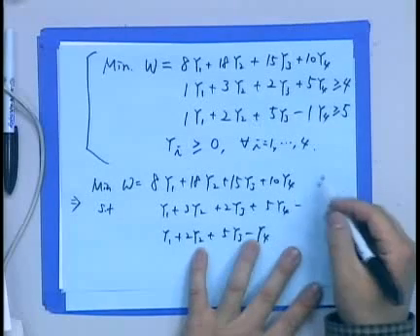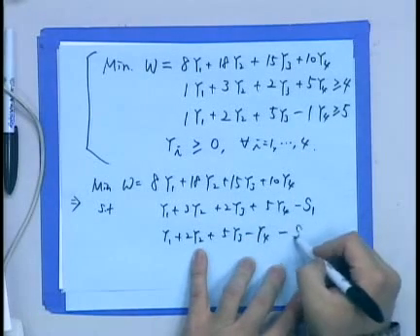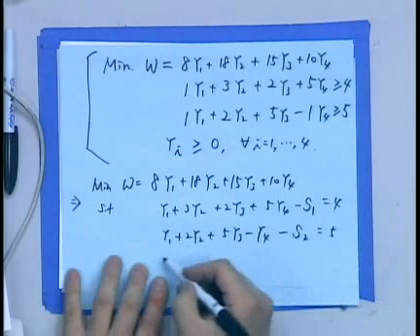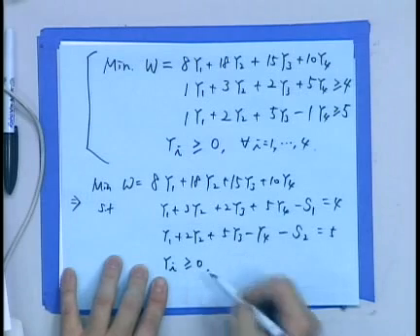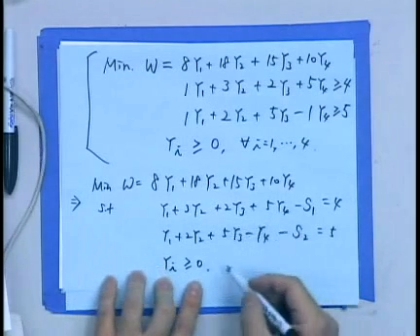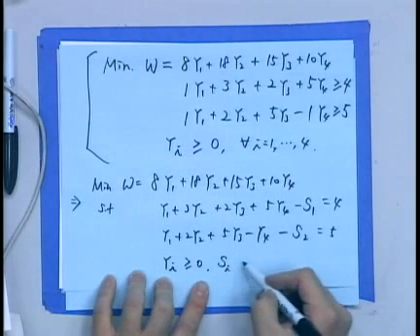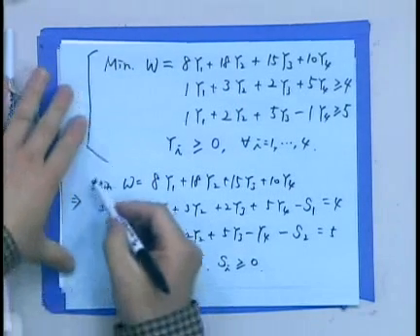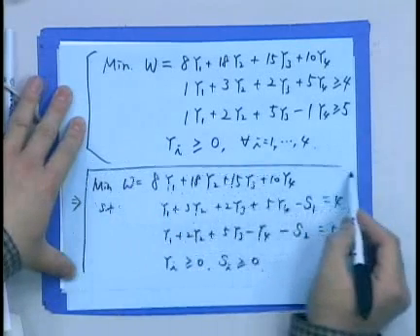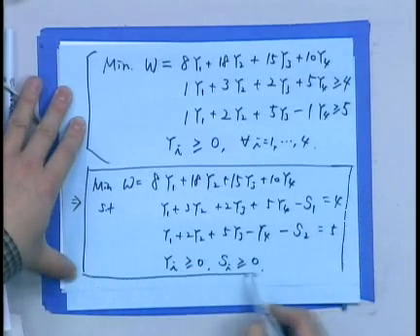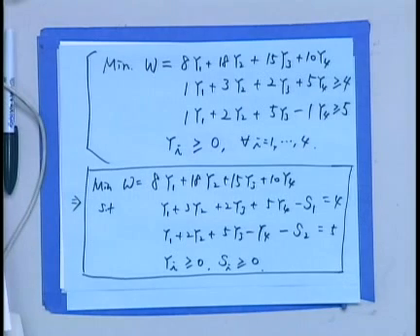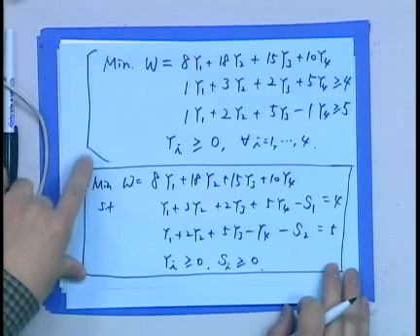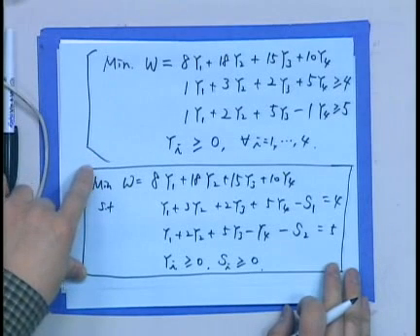And negative s1, negative s2 equals 5 and 4, right? And all the y variables are greater than or equal to 0, and the surplus variables are greater than or equal to 0, right? Sorry about this. Okay, so now we can construct the initial table based on this standardized LP, right?